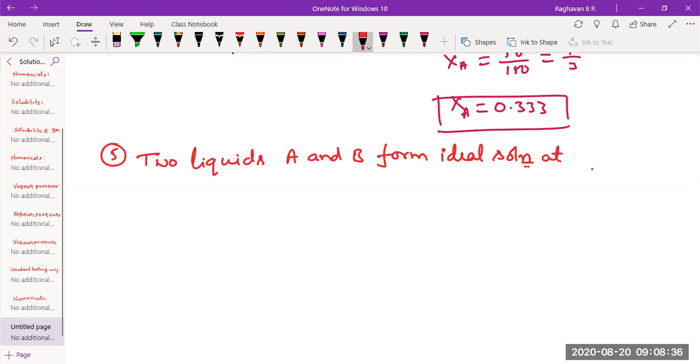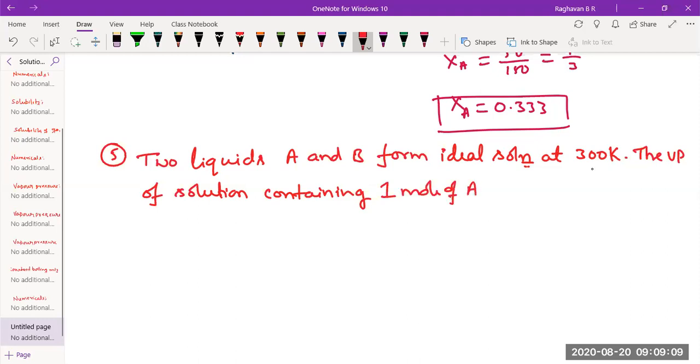At 300 Kelvin, the vapor pressure of solution containing 1 mole of A and 3 mole of B is 550 millimeter mercury at the same temperature.